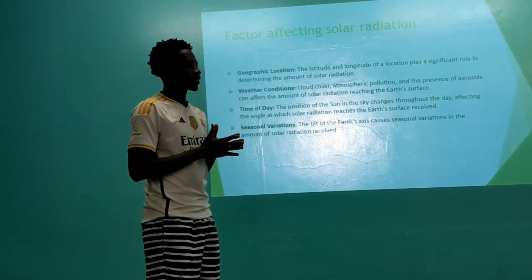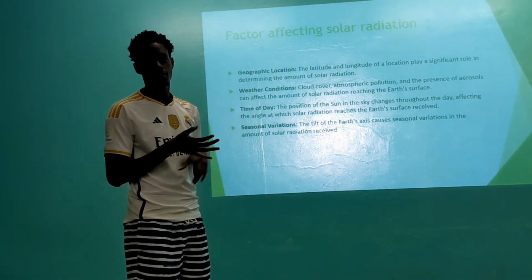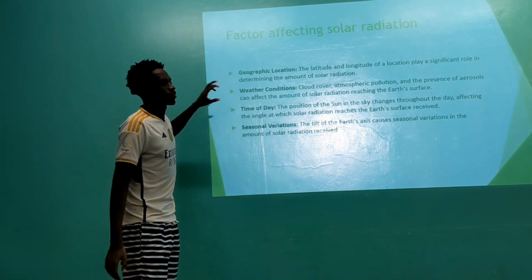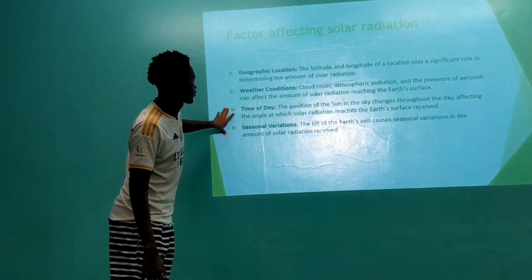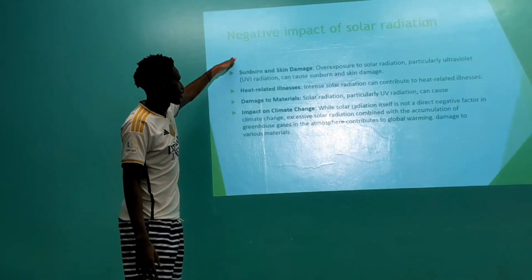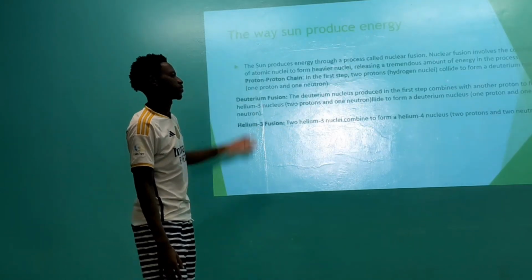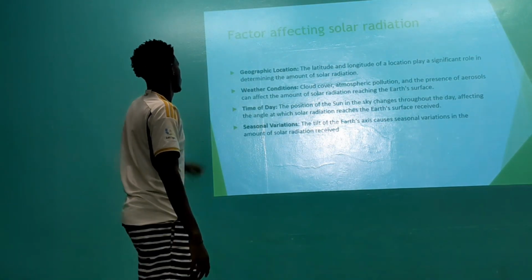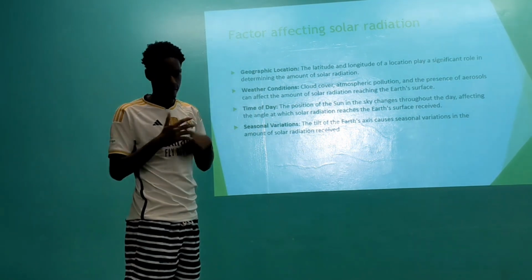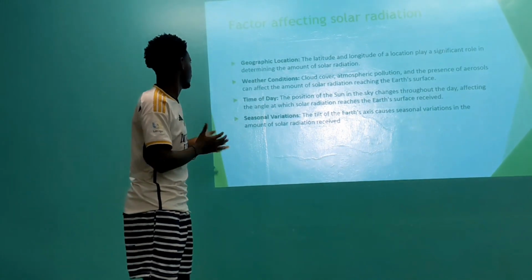After seeing the types, we have seen the factors affecting solar radiation, such as geographical location, weather conditions, time of day, and seasonal variations. I'm trying to give the overview of the summary. Next slide.